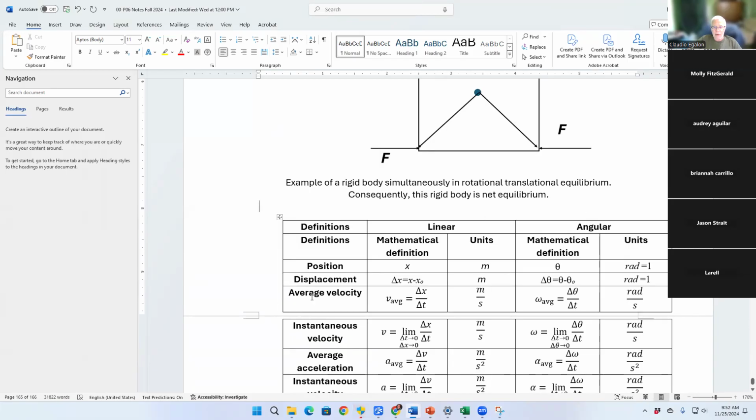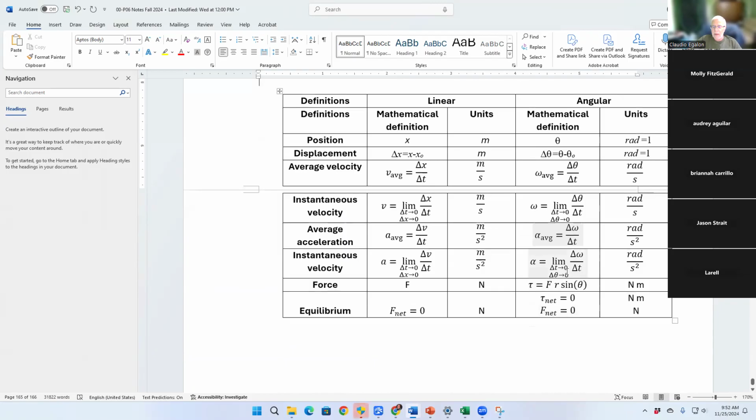Position, displacement, average velocity, instantaneous velocity, average acceleration. You know, angular position, angular displacement, angular velocity, instantaneous angular velocity, angular acceleration, instantaneous angular acceleration. And now we have these two new concepts that you see right in here.